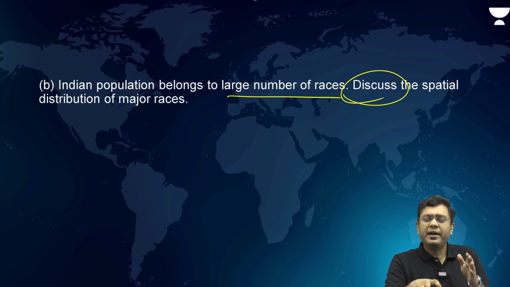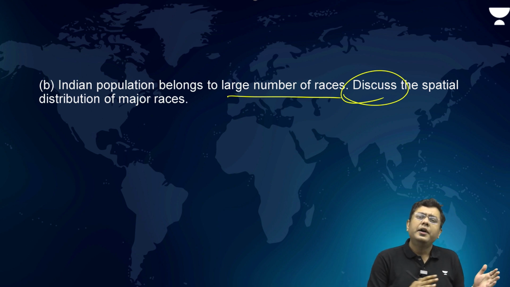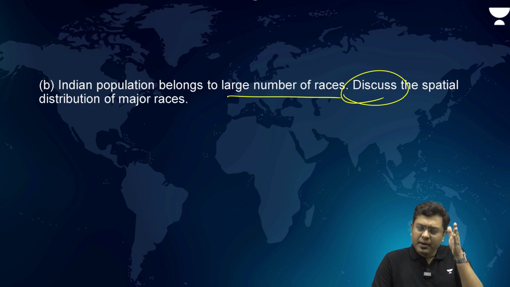And then after that, you could talk about the reasons why there is spatial distribution, because of how they have migrated, the migration patterns. The migration patterns have largely determined it, and also the geographical barriers which existed between different areas.